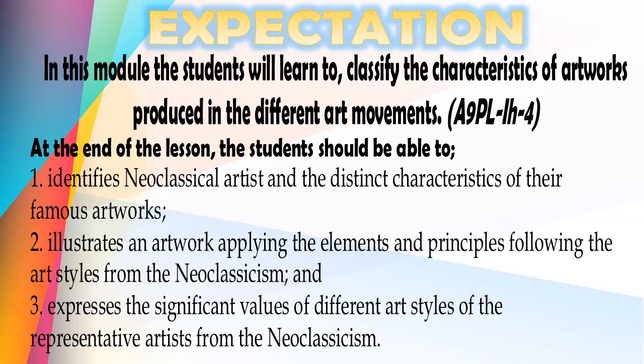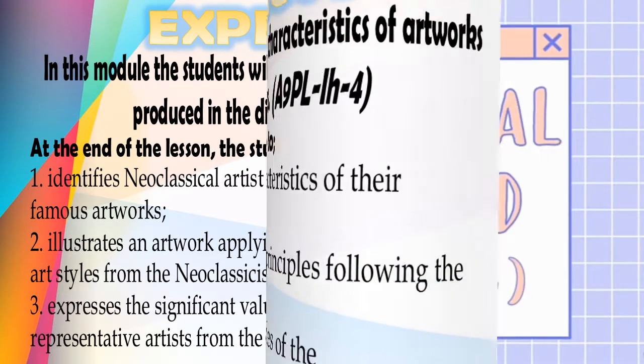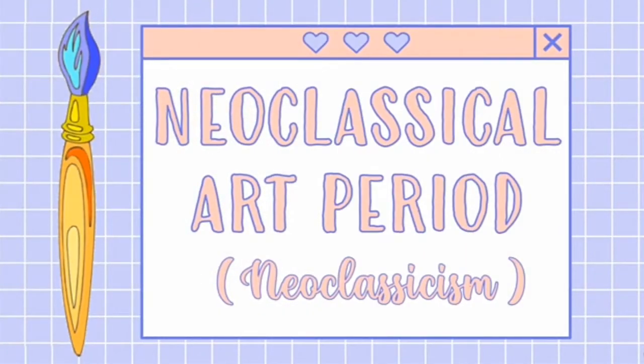At the end of the lesson, the students should be able to identify classical artists and distinct characteristics of their famous artworks, illustrate an artwork applying the elements and principles following the art styles from Neoclassicism, and the last one is to express the significant values of different art styles of representatives of different artists from the Neoclassical art period.